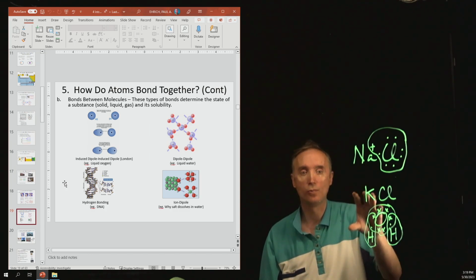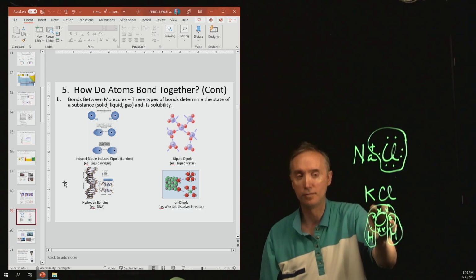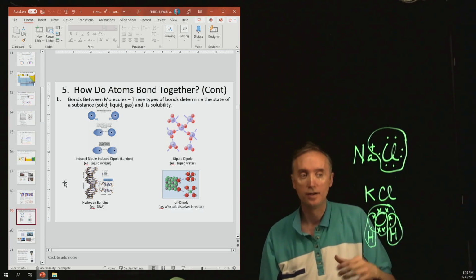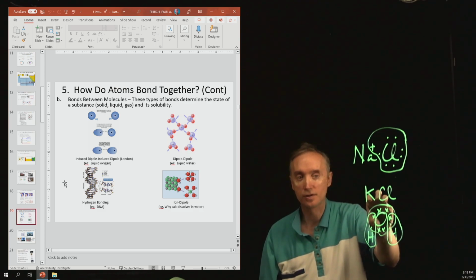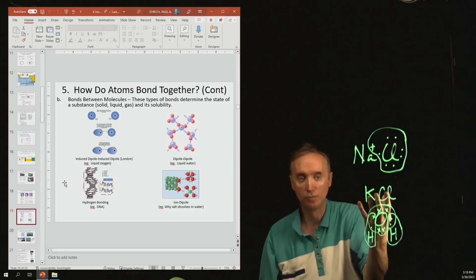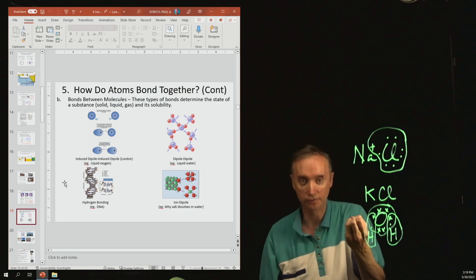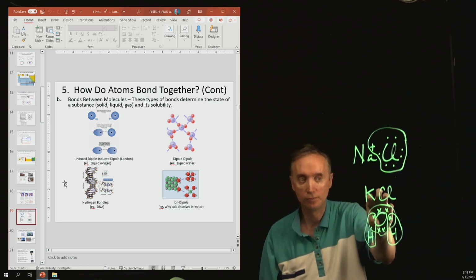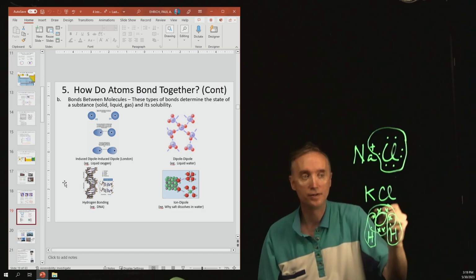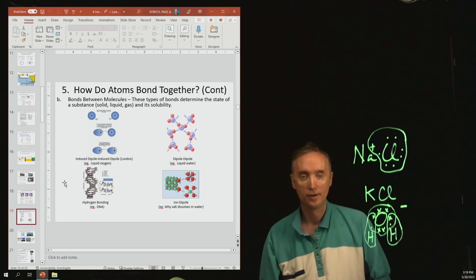So notice that water is a polar molecule, that oxygen is a bully. Since oxygen is bigger, it's got more electrical attraction than the hydrogens do. So the electrons spend more time around the oxygen, which means this end of the molecule is negative.